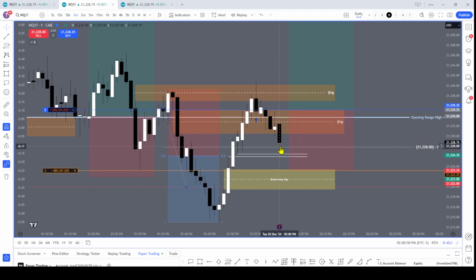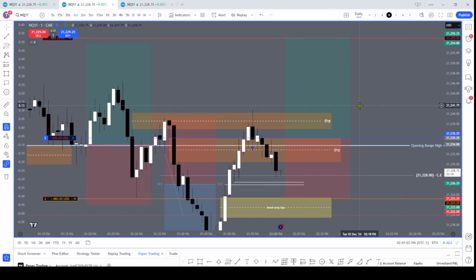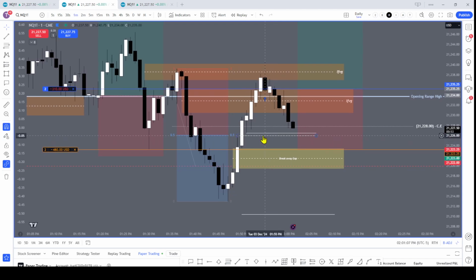I'm not worried too much about this down movement. Either we're gonna follow the model or we get stopped out. Either way. Touch the low of this gap. 201.